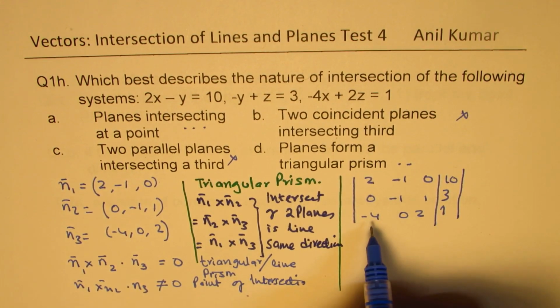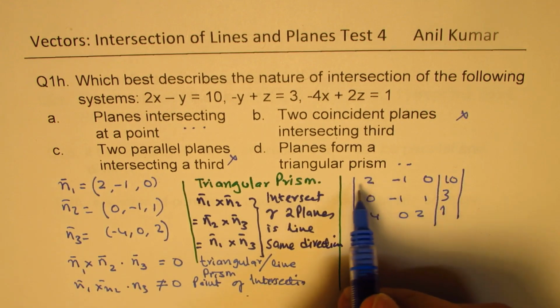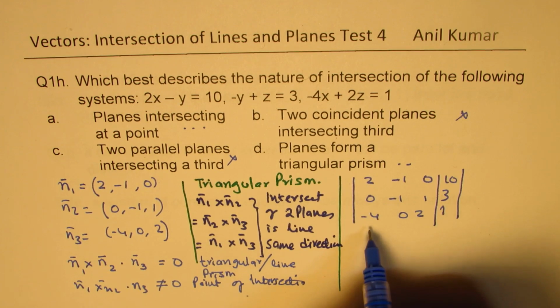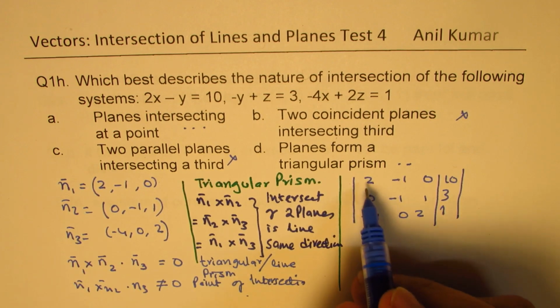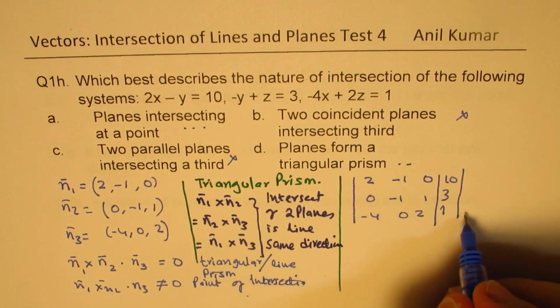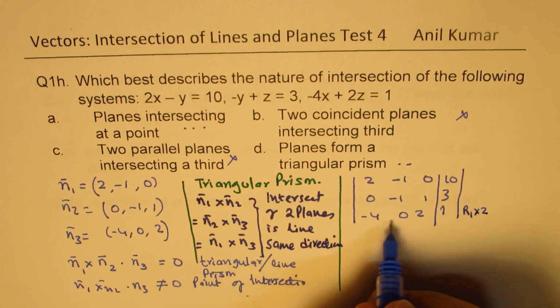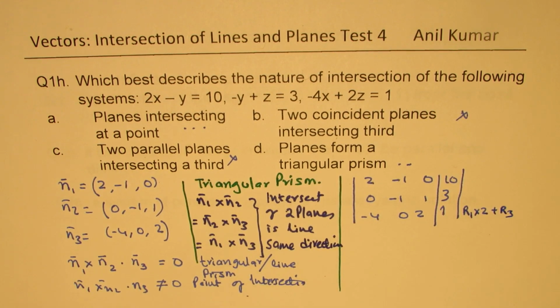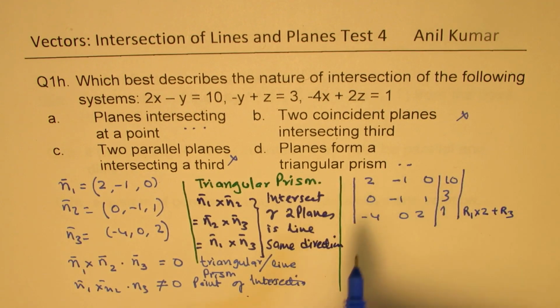Now if I have to make this 0, I have to multiply R1 by 2 and then add R3. This will become 0. So let's do it.